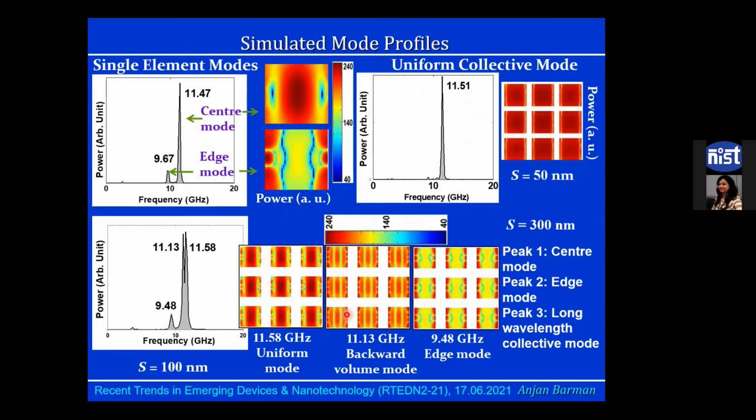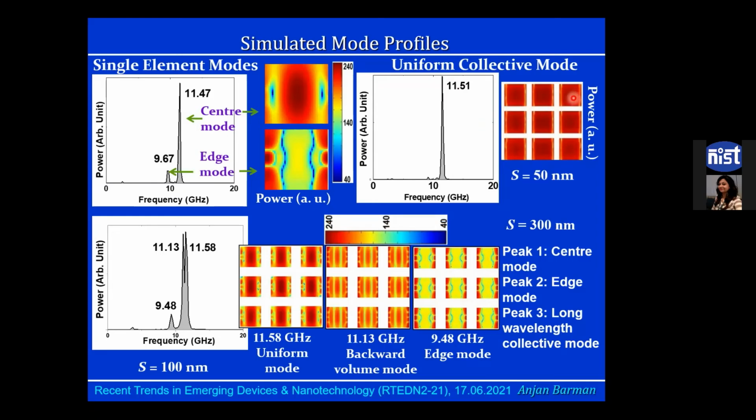So we first calculated the mode profiles of a single dot, and the single dot has a mode profile like that. So it's kind of a uniform mode of the single dot, and this is an edge mode, where the mode is actually happening at the demagnetized region near the edges. Okay, so fine. But when you put them in an array, what happens? When you put them in this array with S equals 50 nanometer, only a single mode is appearing.